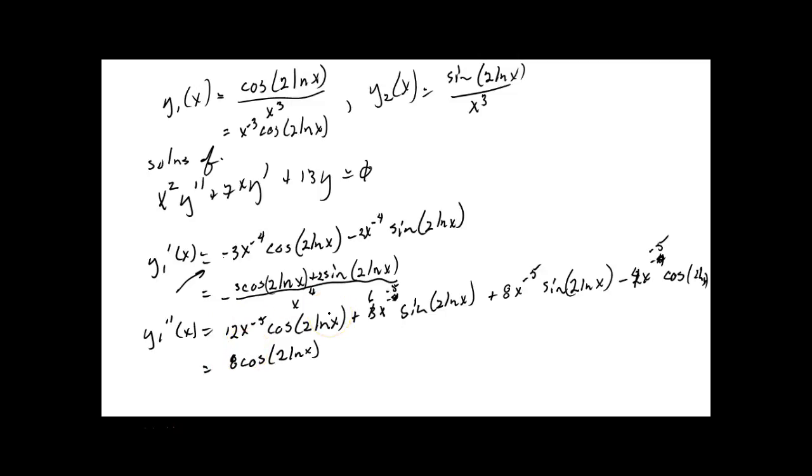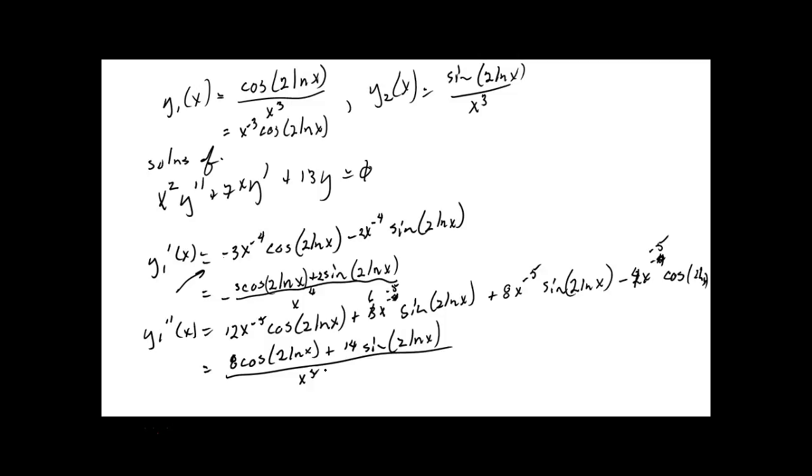But all of them are going to be over x to the 5th. And here we have a plus. Here's a 6 plus 8 is 14 sine of 2 log x. Okay? And all this is over x to the 5th. That's the shorthand way of writing that one.